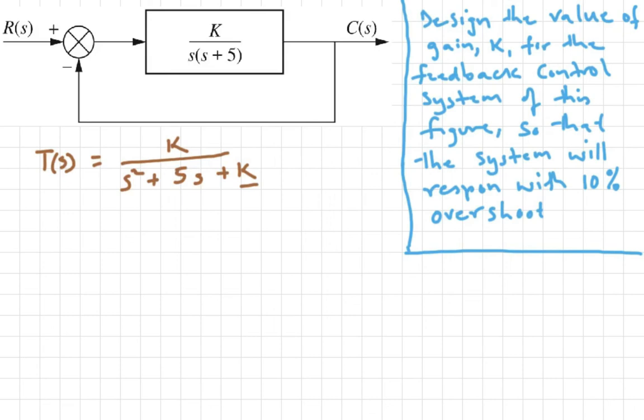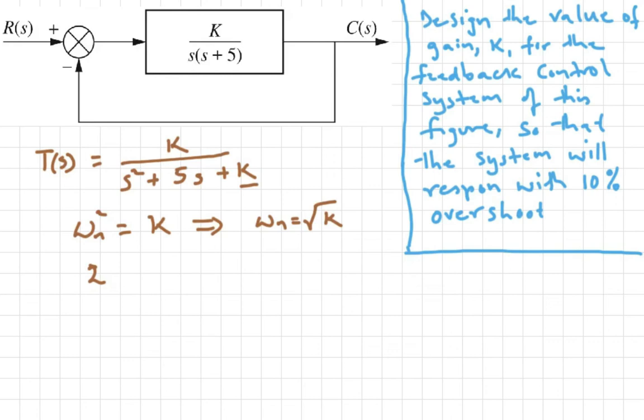So we now have that. Next, we find omega n, the natural frequency. So omega n squared we know will be equal to K. So from here, we can see that omega n is equal to the square root of K. Then we look for zeta.